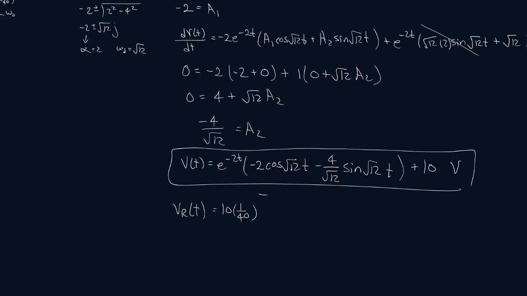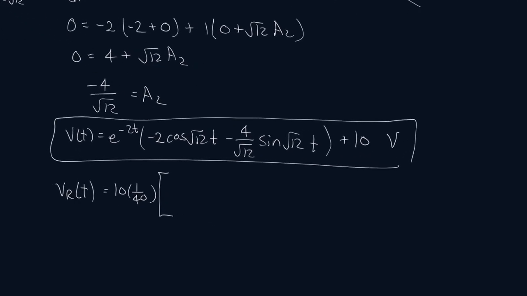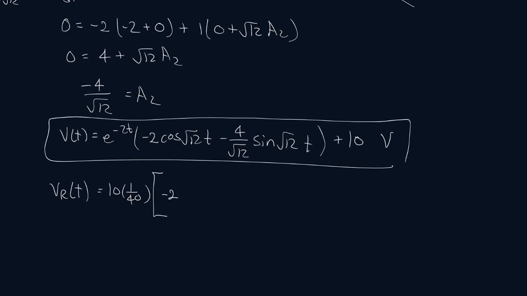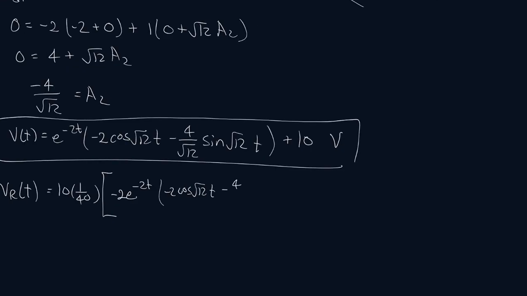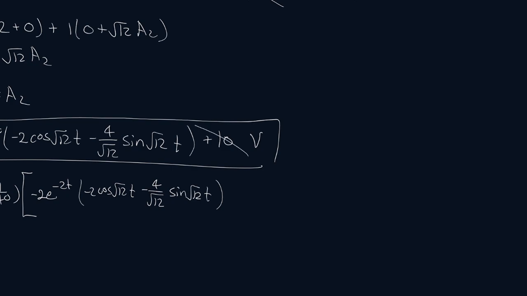So let's start. It's going to be minus 2 e to the minus 2t times minus 2 cos square root of 12t minus 4 all over square root of 12 times sine square root of 12t. Okay, and then obviously this just goes away.